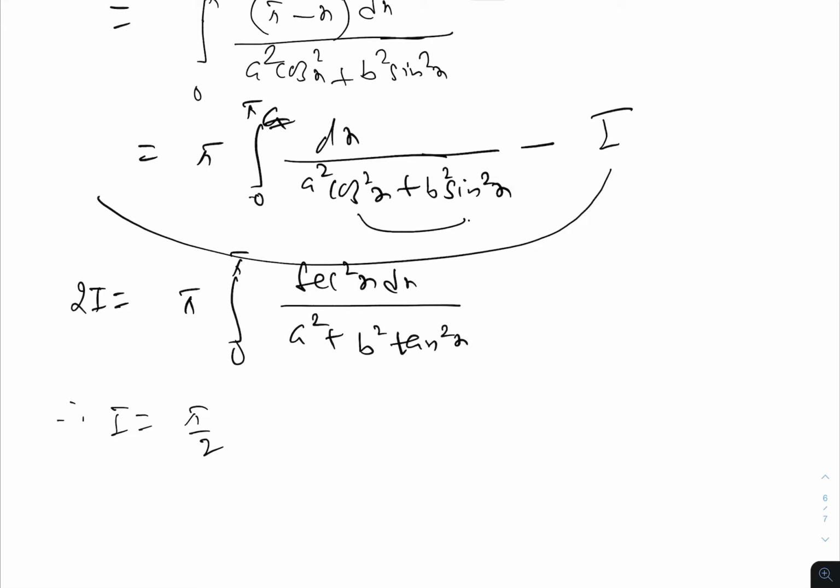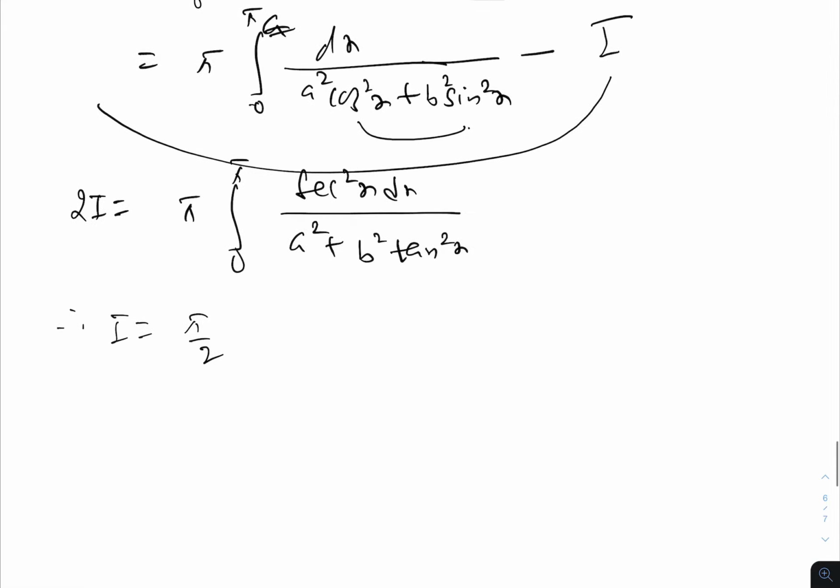and this, can you write this way now, 0 to pi. And like the derivative of tan x is sec square x, so you can take tan x equal to say t.